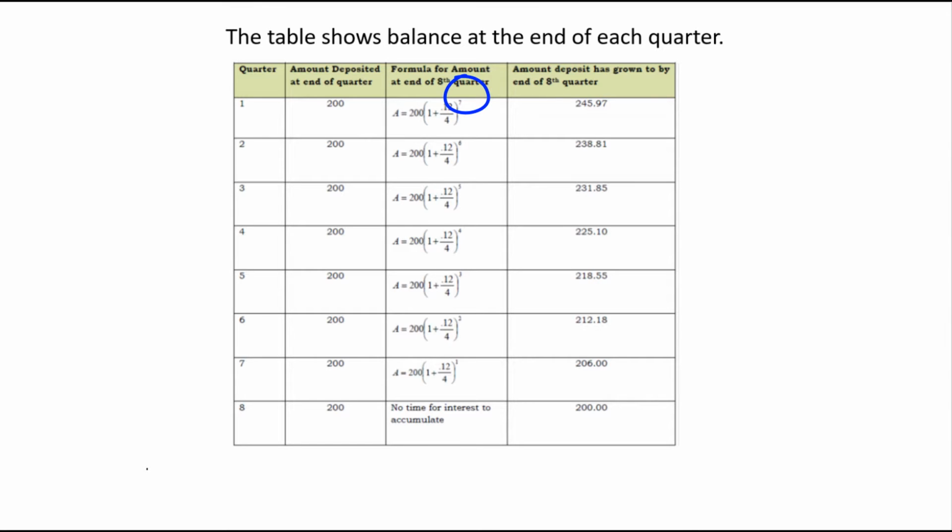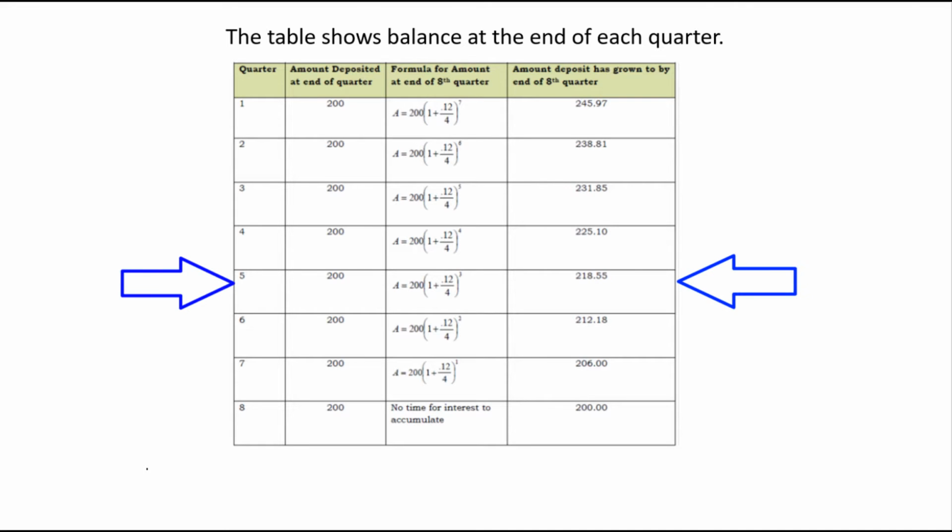Remember, we are counting quarters, and if we have 8 quarters in which for the money to earn interest, after the end of the first quarter, there is only 7 quarters remaining. With 7 quarters remaining, the $200 increases to $245.97.